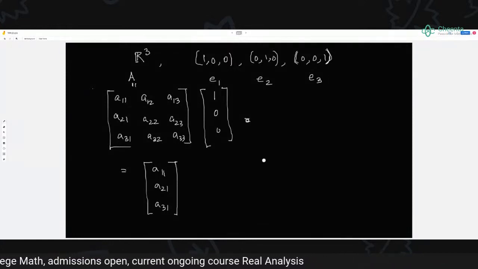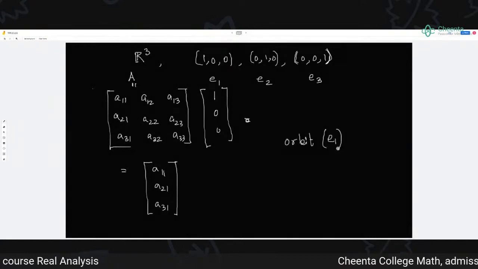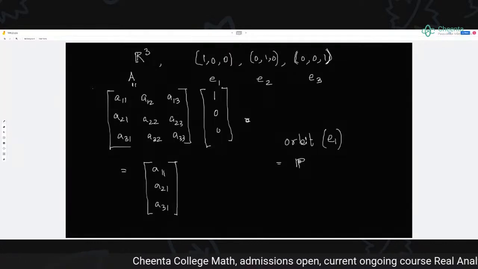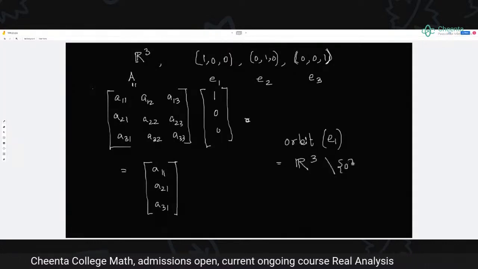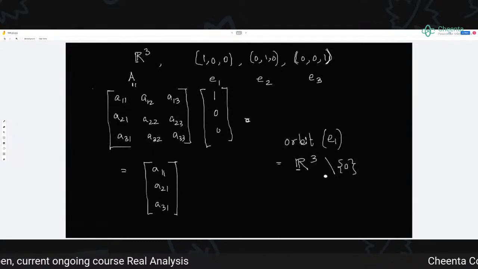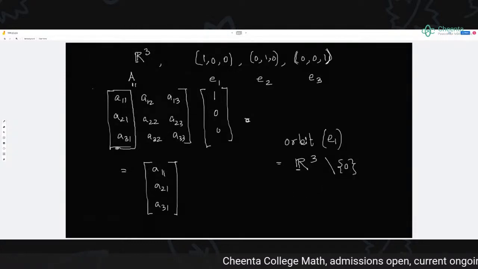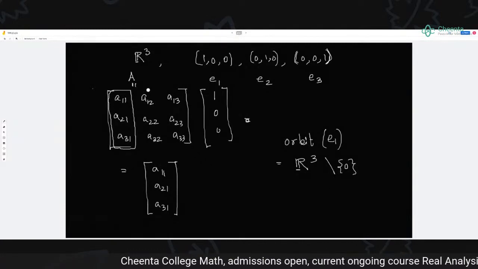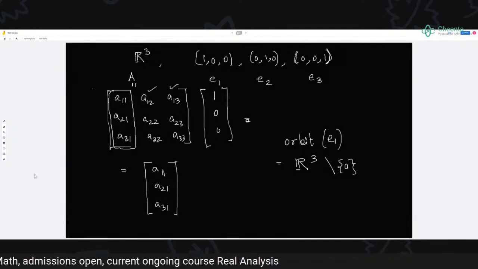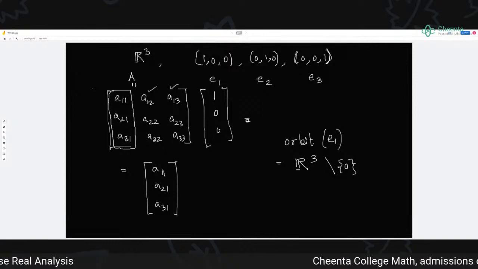So the orbit of E1 is practically the entire R3 minus 0. Whatever point you want to pick from R3 minus 0, you put it in the first column of A, and fill the other two columns so that the determinant becomes non-zero, making the matrix invertible.